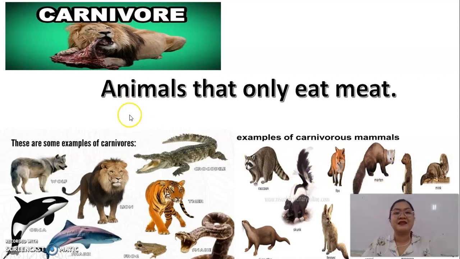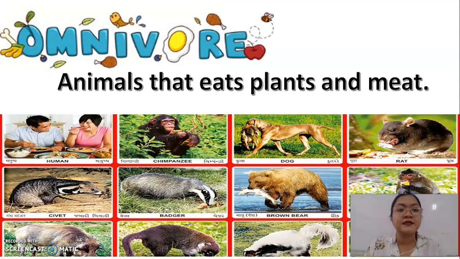Very good. Again, when we say animals that only eat meat, they are what you call what? Okay, very good. They are the carnivore. Very good. And the last type is the omnivore.